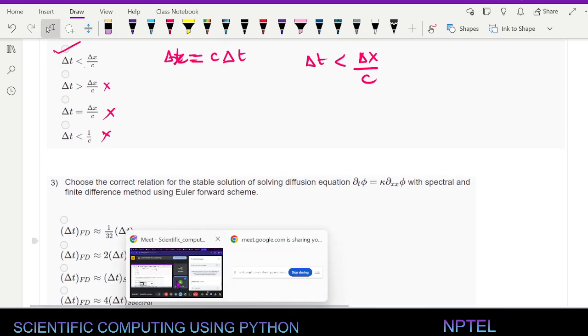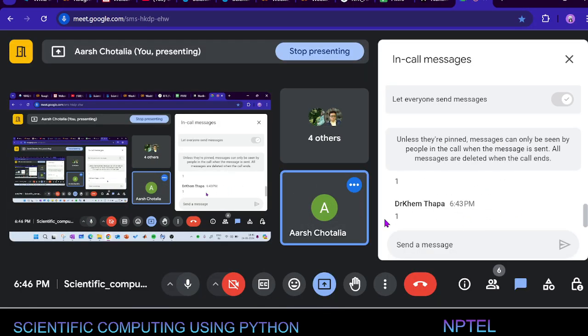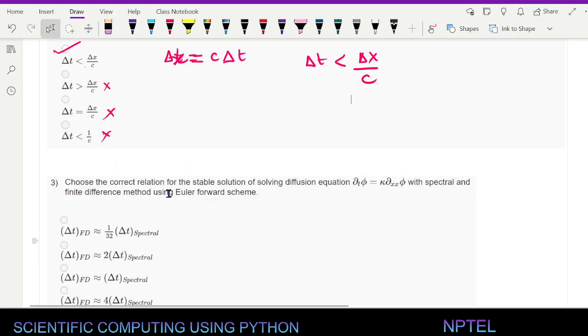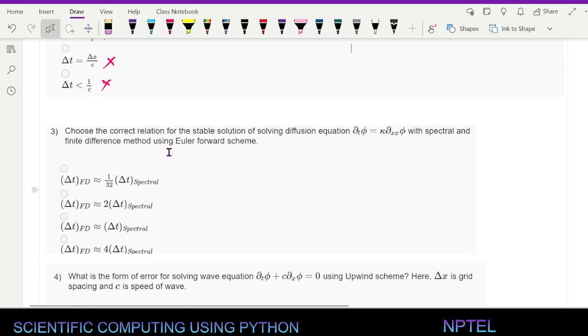Alright, okay. Again, what is the correct relation for a stable solution for the diffusion equation with the spectral method and finite difference using the Euler formula? So we just saw it. The factor is 1 over 2, right?